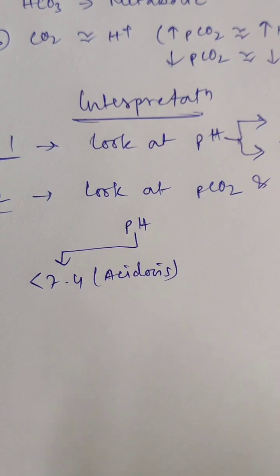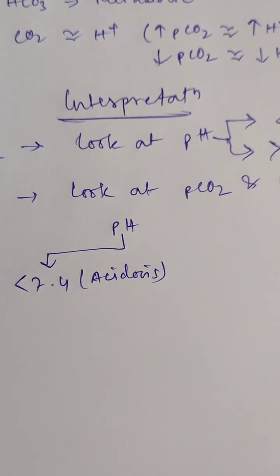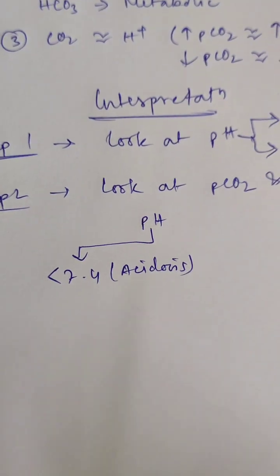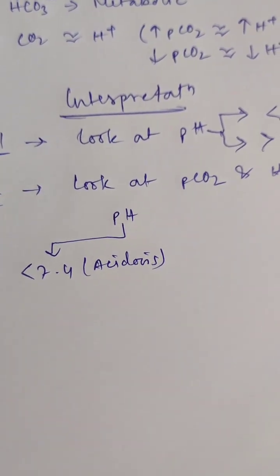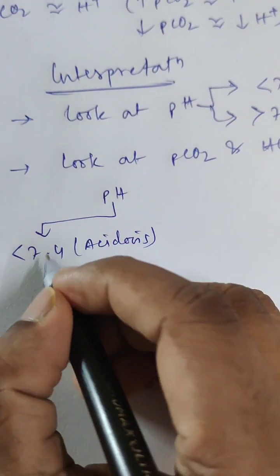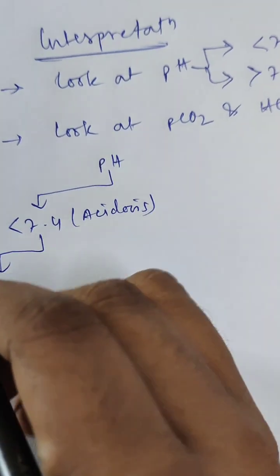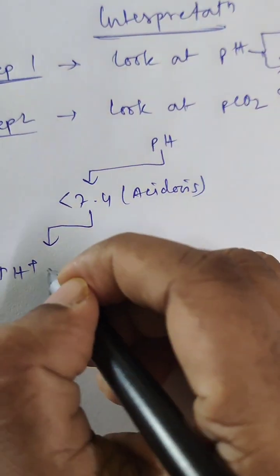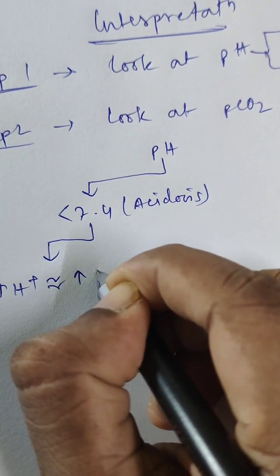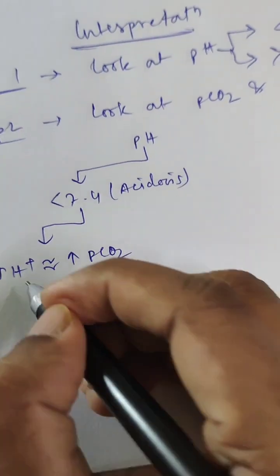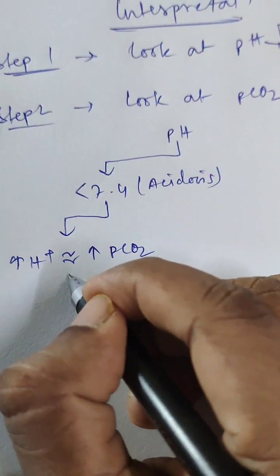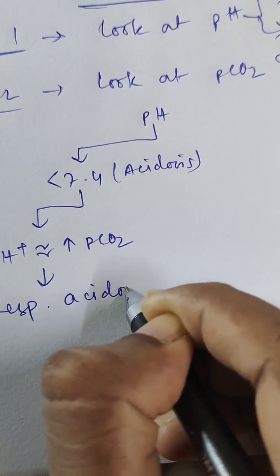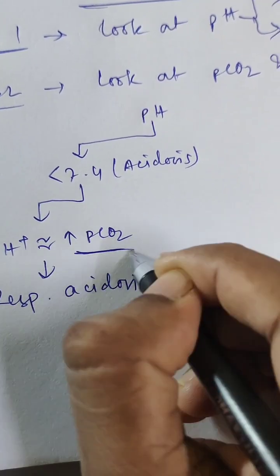The term acidosis means excess of acid in our blood. So this can happen only if the acid is in excess or the base is in deficit, isn't it? So it can be that increase in H plus, or increase in acid itself, means acidosis. That also means increase in PCO2. And if this happens, it will be called respiratory acidosis, as the primary problem is in CO2.